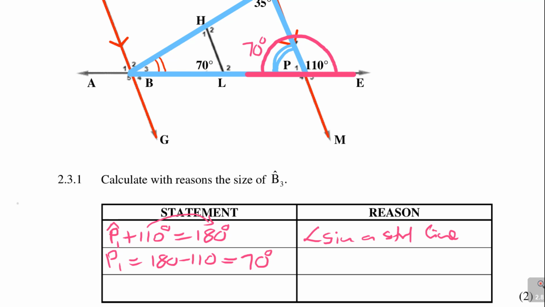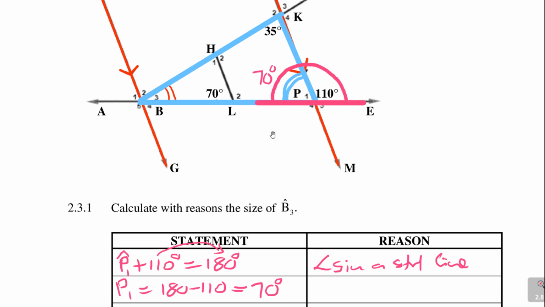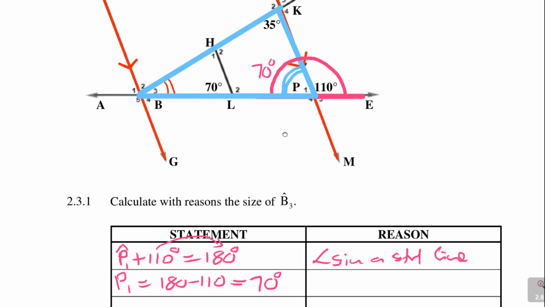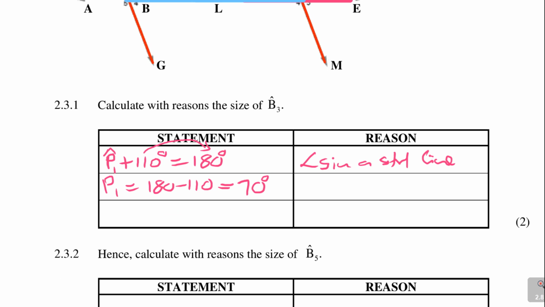Are you with me? And then lastly, as I told you, let's take it back to the triangle, like this. So if I add 35 plus 70 plus P3, these are the sum of angles in a triangle. I must get 180.